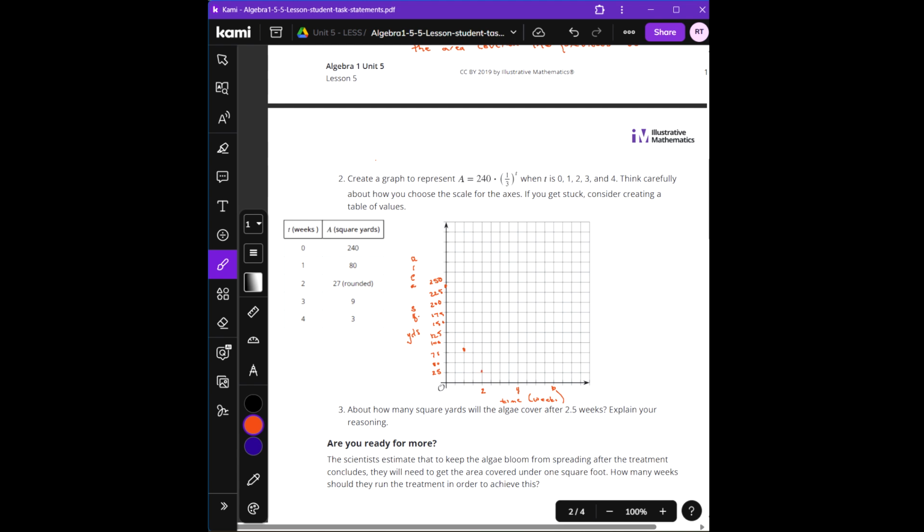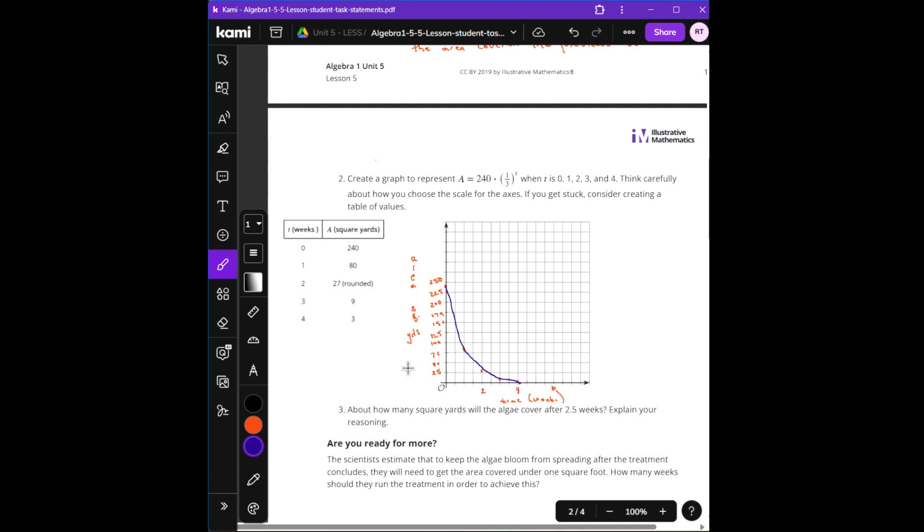Okay, so that's going to be about here. And then at 3, we're at about 9. Okay, which is about here. 4, we're at 3, about here. Okay, and so when we draw our line, sorry, this isn't going to be the prettiest. Okay, we're going to have something that looks like that.